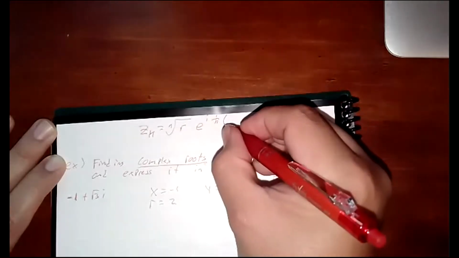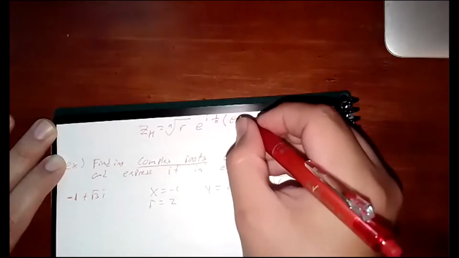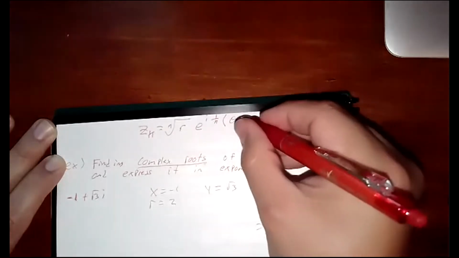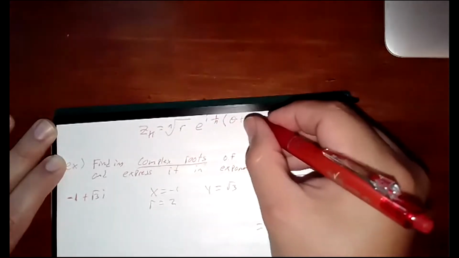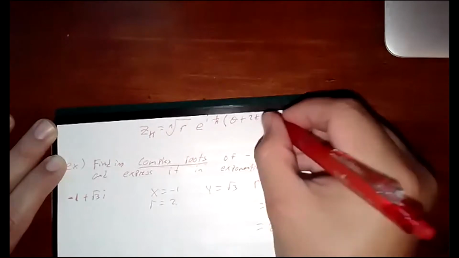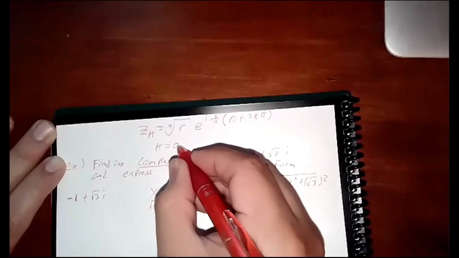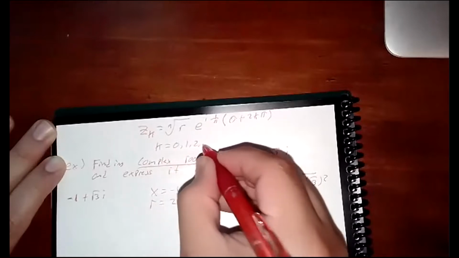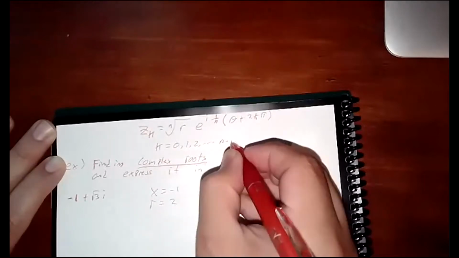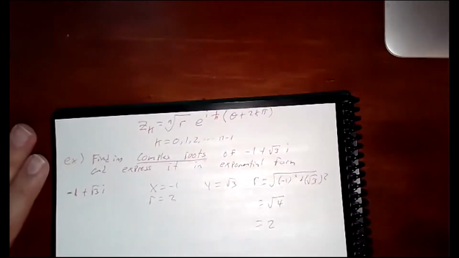I wrote this at the beginning, but just writing it here, we have it in front of us. And k will range from 0, 1, 2, all the way to the last number before n.